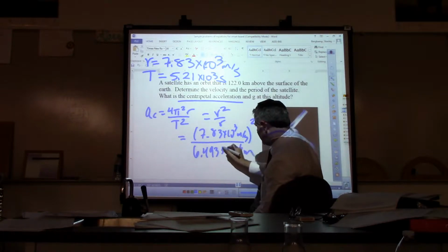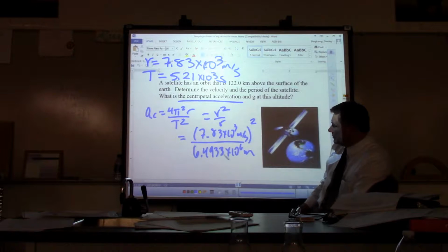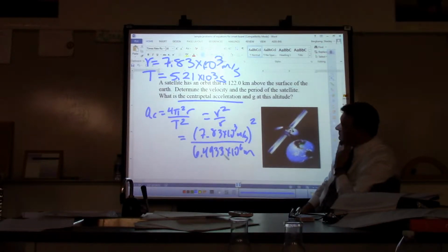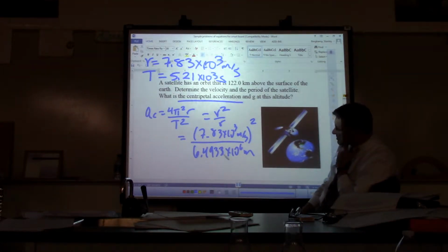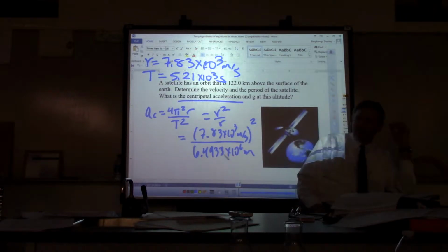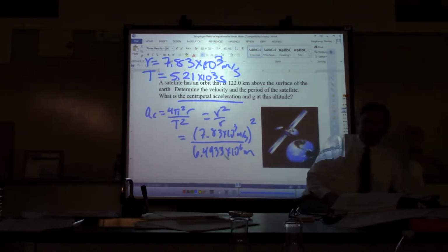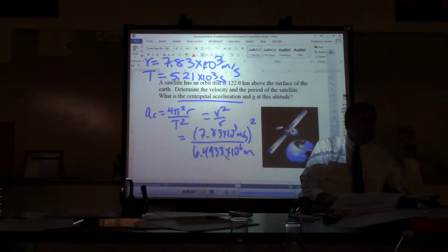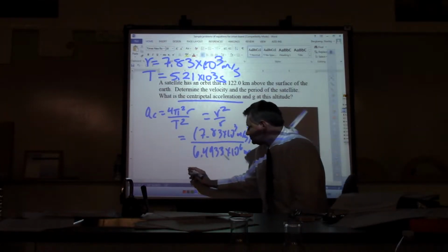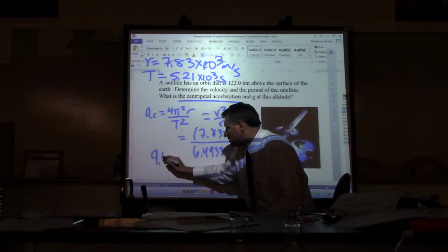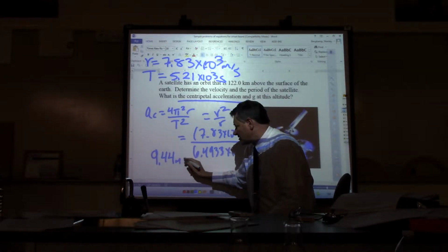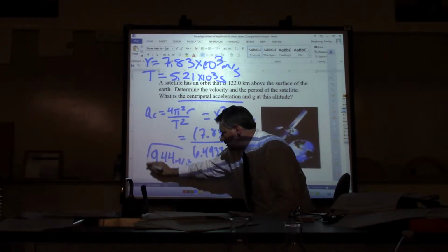It's the exact same one that we had. I'm guessing it's going to be a little bit less than 10, ballpark. Yeah, 9.44. What'd you get? 9.44 meters per second squared, okay?